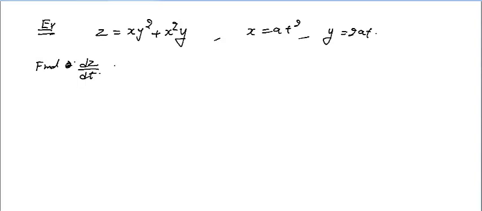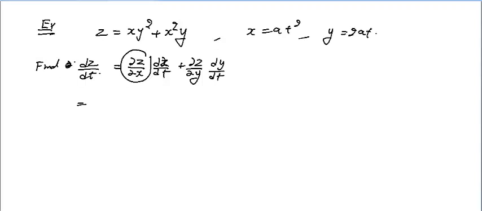So you know by the formula, z is depending on x and y, so it will be partial z by partial x times the derivative of x with respect to t, plus partial z by partial y times the derivative of y with respect to t. First you will find the derivative of z with respect to x.